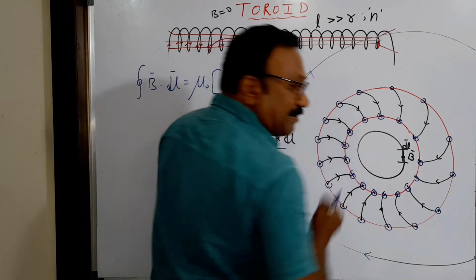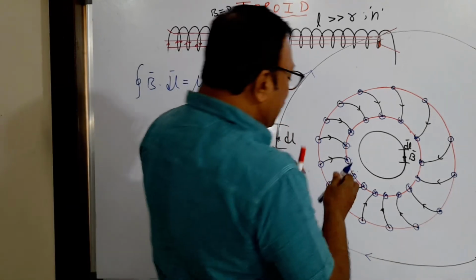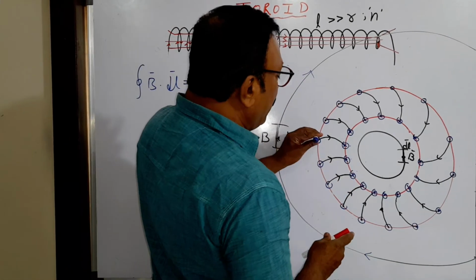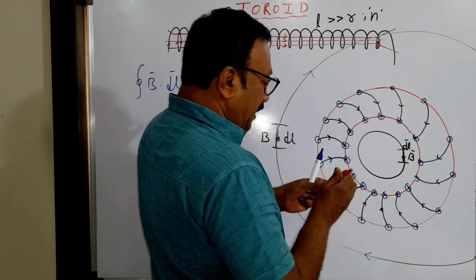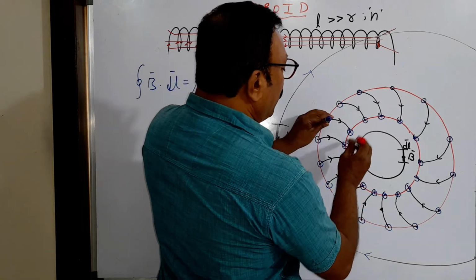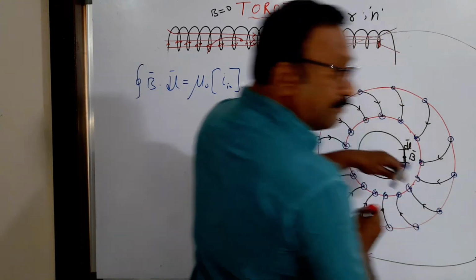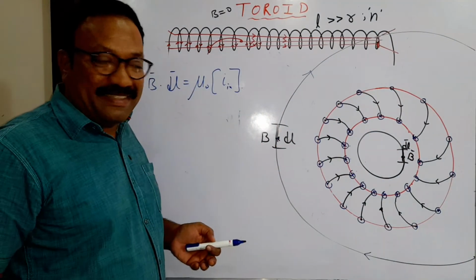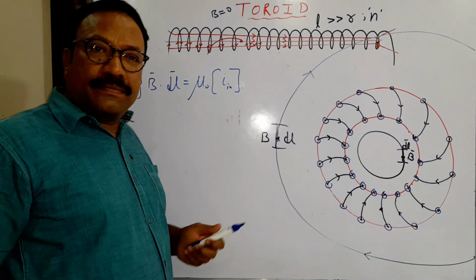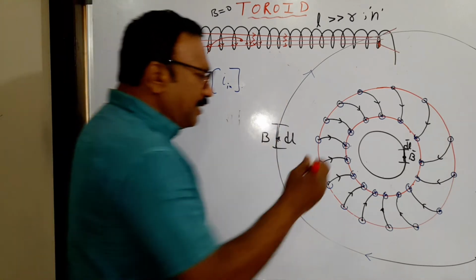Current flows like this. So I can take outward, inward, outward, inward. So many currents are there. All those currents I will take now. Of course, each current is I.